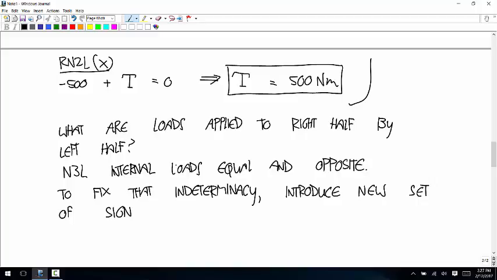So it's like, what does it mean that you're asking for the internal loads at that point? That's not enough to answer that question, and we would like it to be. We like just one set of numbers that represent what's going on at that point inside. So I'm going to introduce this new sign convention that gives you the same answers whether you work from the left or the right.